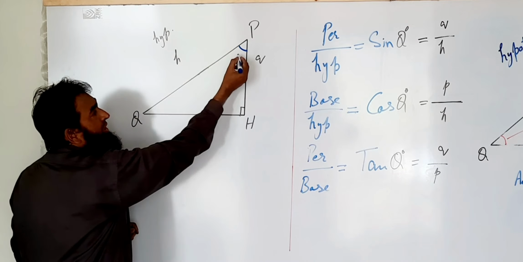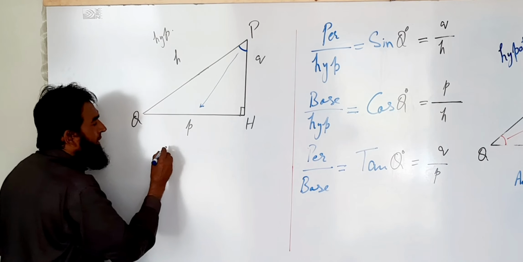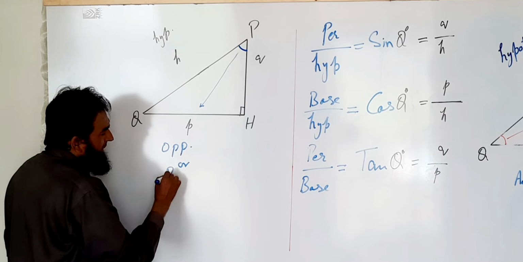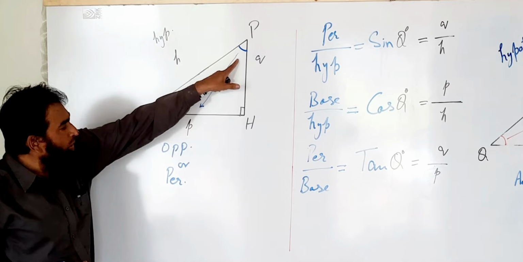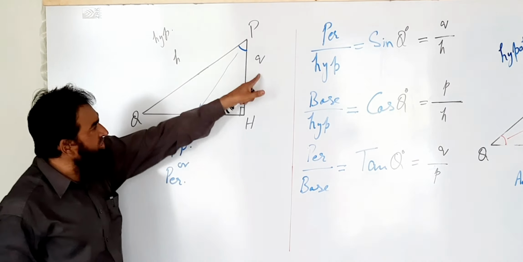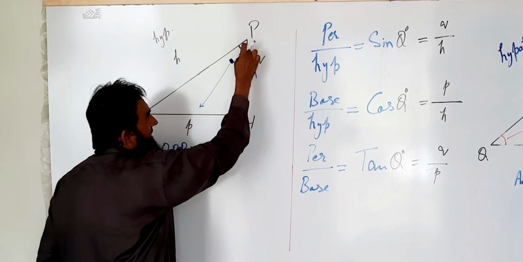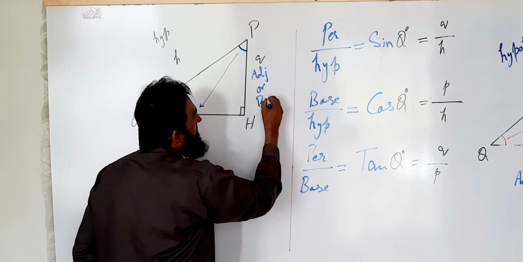Now if we are considering angle P, so opposite to P will become opposite or perpendicular. Now we are considering this angle, so opposite to this angle, the side will be called opposite. Adjacent to this angle is called adjacent or base.